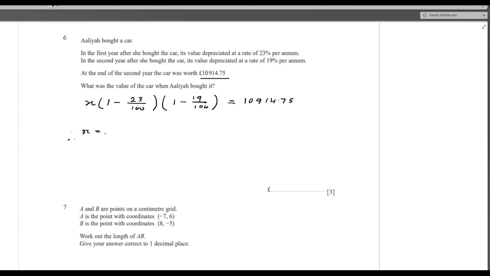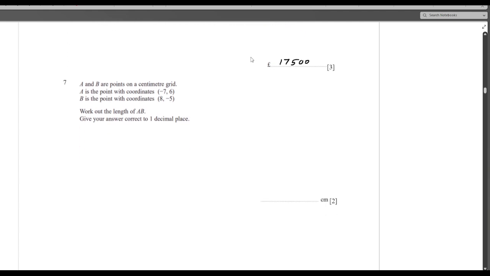So the result is 17,500. So your result here is 17,500. Okay.